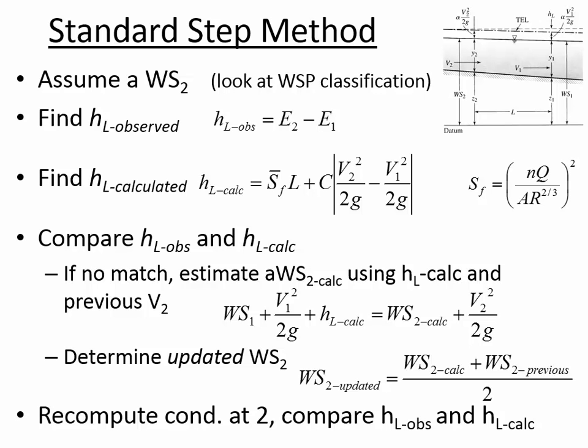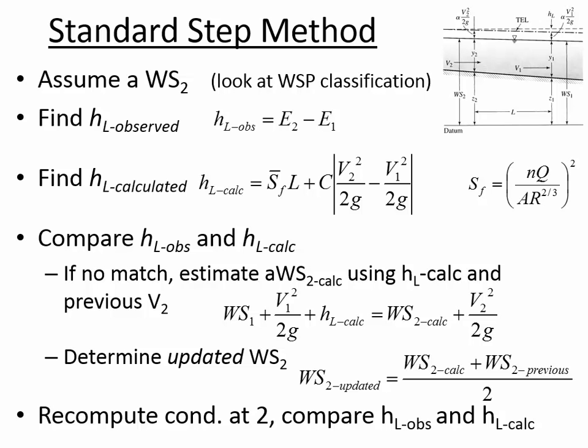But then we're also going to account for losses between the two sections, because remember, this method can be used when the channel is expanding or contracting. And in a previous lecture, we talked about how if a channel gets narrower or wider, or if it changes geometry, there's going to be energy losses because of that. Water's flowing along and it has to reestablish flow, and so there's going to be some turbulence as it does that.